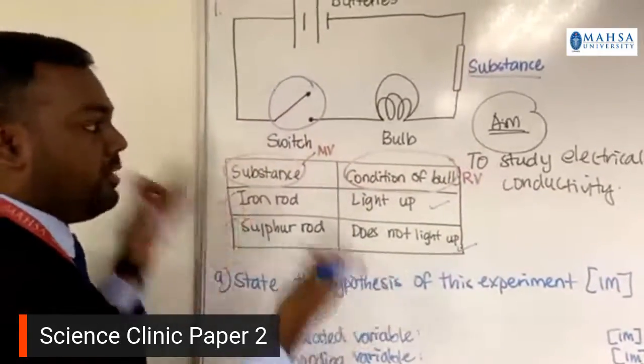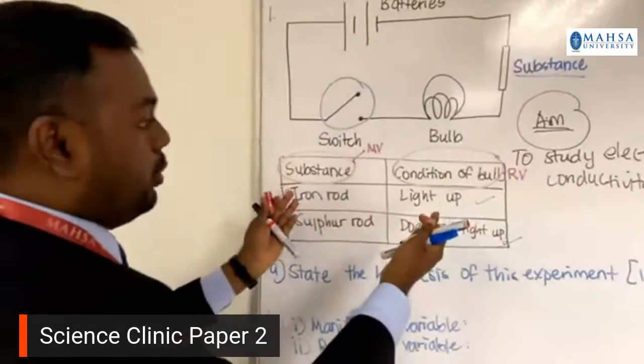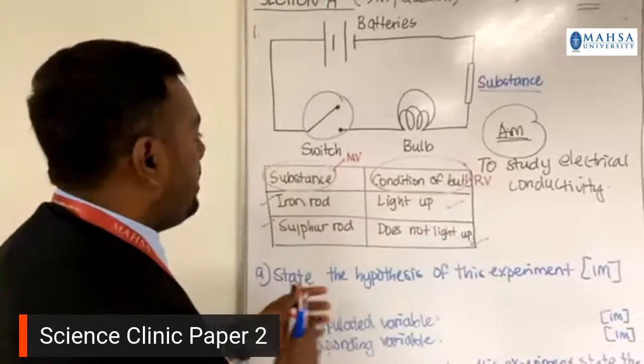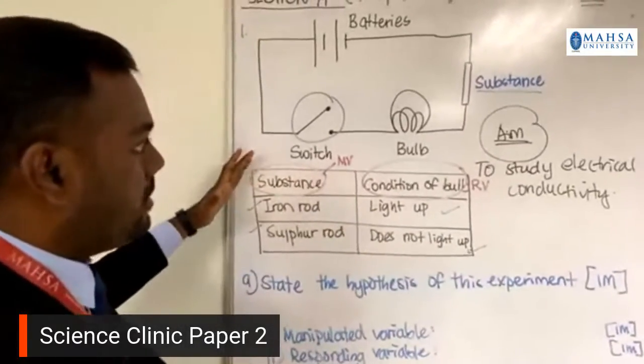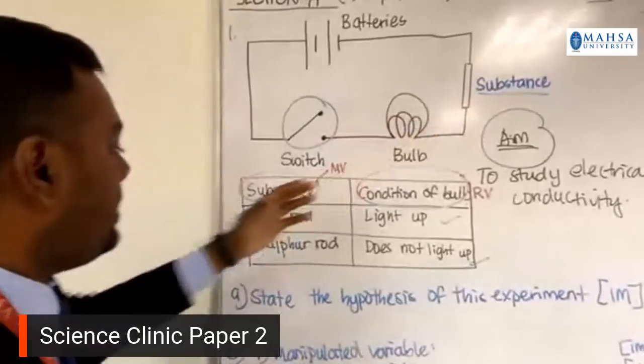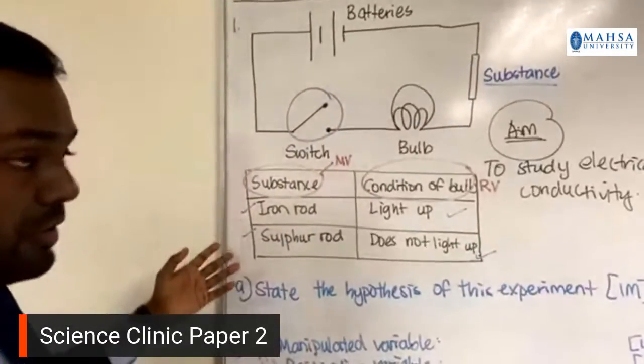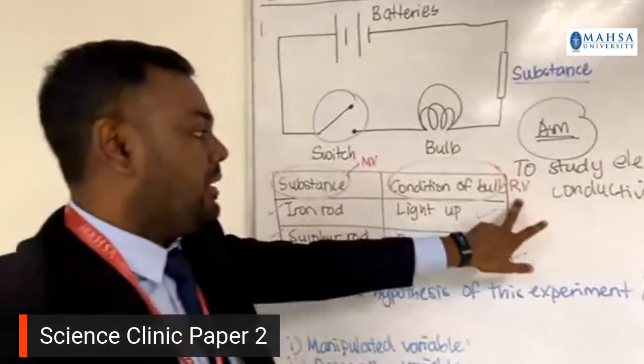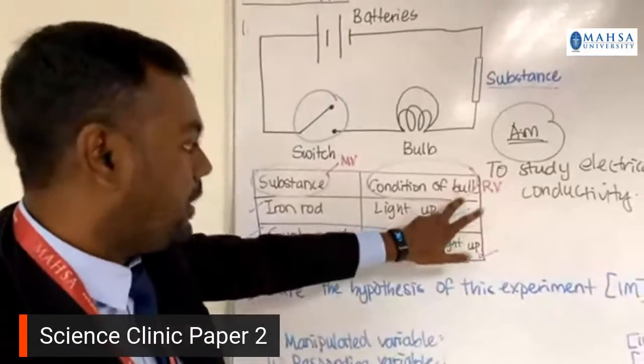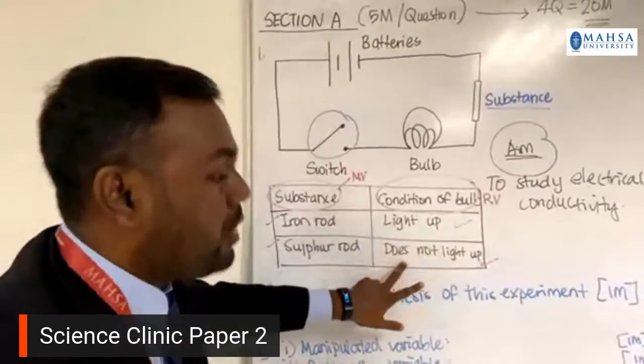Where do I get the answer? From the question booklet. So here my manipulated variable is the substance. What substance is used here? It's either the iron rod or the sulfur rod. My responding variable here is the condition of the bulb, either lights up or does not light up.